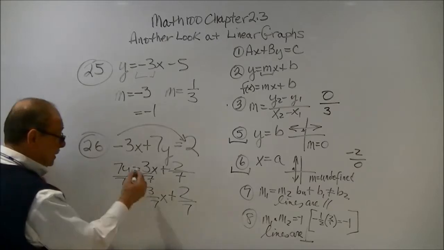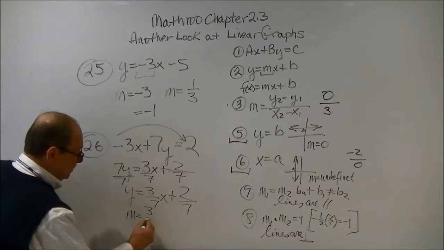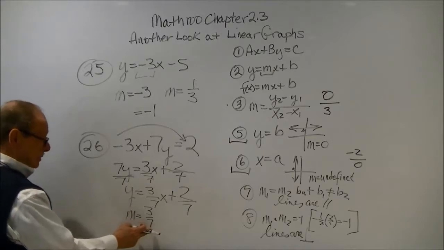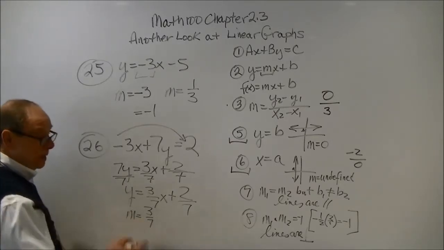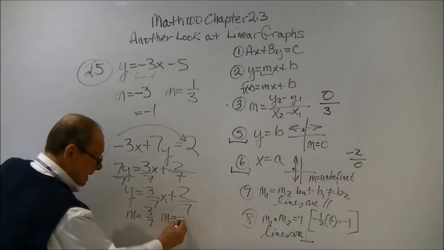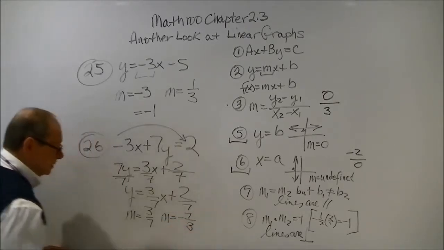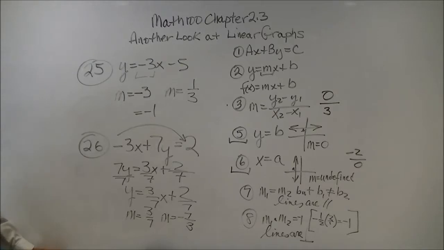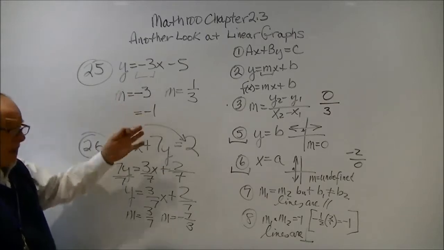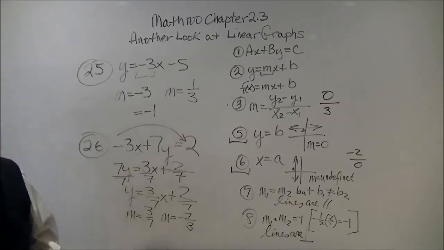So the slope of this equation is 3/7. The slope of an equation that is perpendicular to this would be its negative reciprocal. So that slope would be -7/3. And those are the answers. Again, a lot of stuff going on here, but hopefully you can use your notes as your reference. Practice the quiz bees.